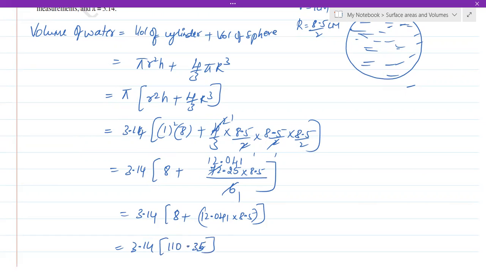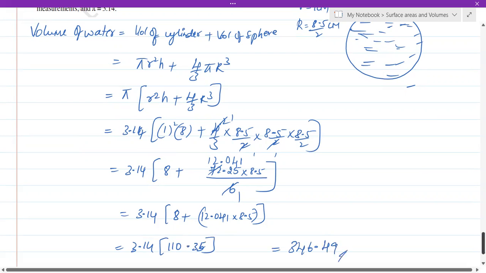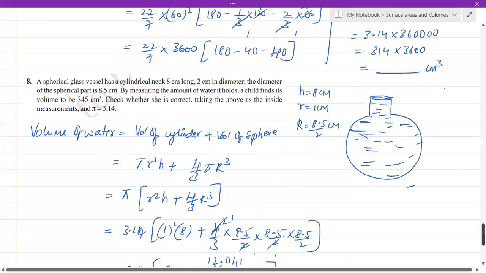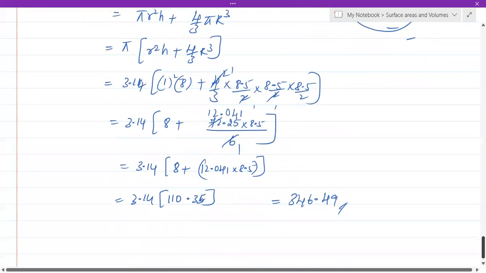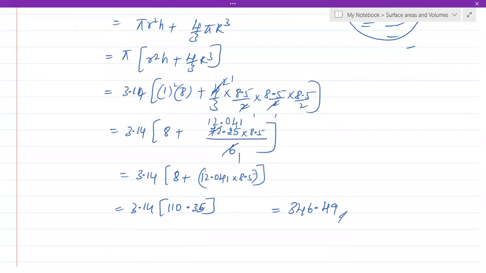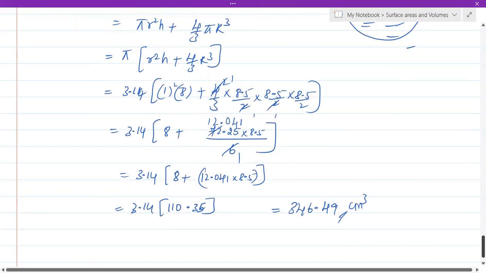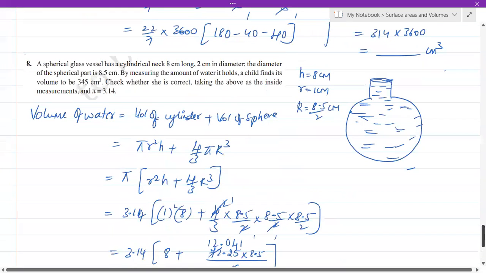If you multiply this with 3.14, this comes around 346.49. But what did the child find it as? 345, but what we have got is 346. They are not same, right? Therefore whatever the child has found is wrong. Therefore the correct volume is 346.49 centimeter cube. So this is how we verify.